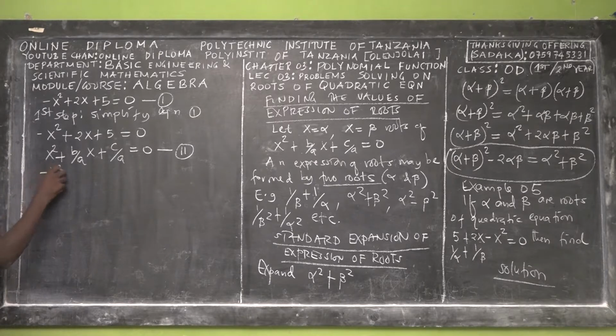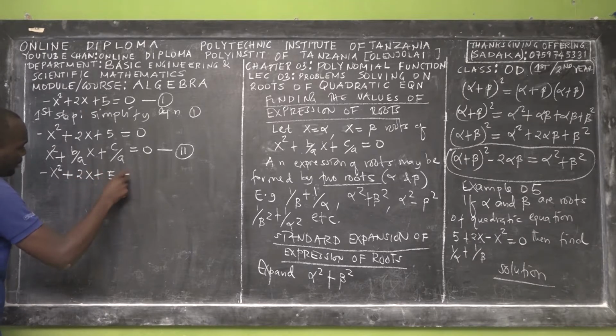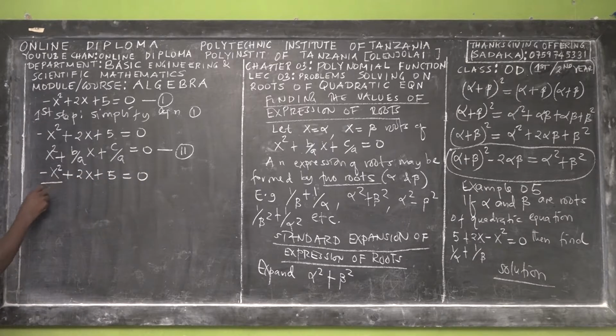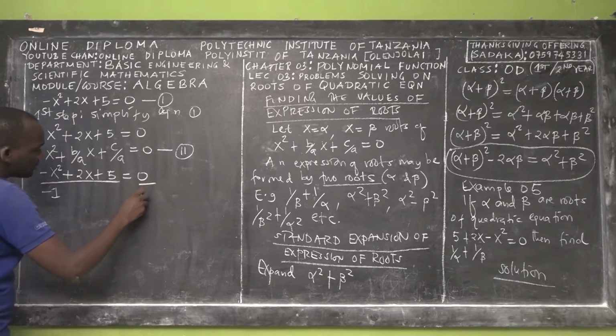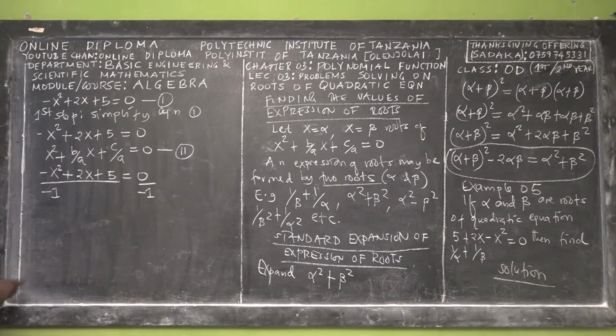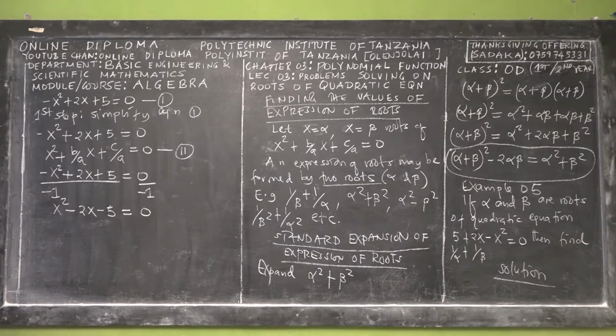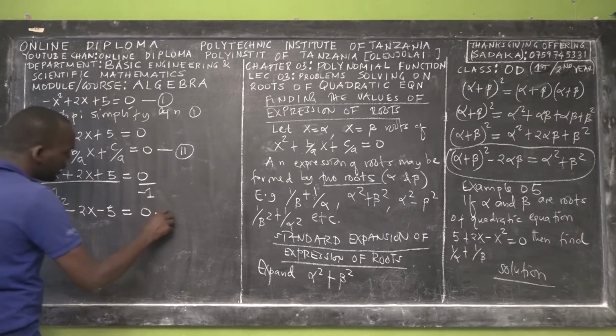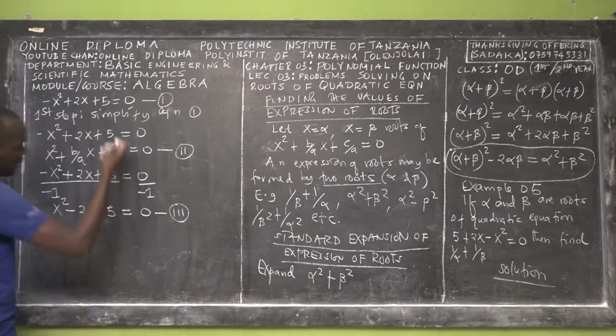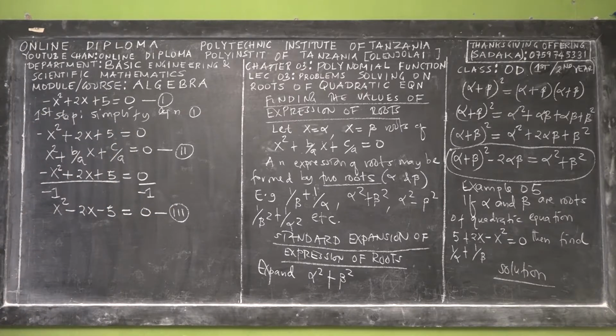So we have negative x squared plus twice x plus 5 is equal to 0, and we divide by negative 1 on both sides. Here we are going to have x squared minus 2x minus 5 is equal to 0. This is the new equation, equation 3, which is equal to equation 1.